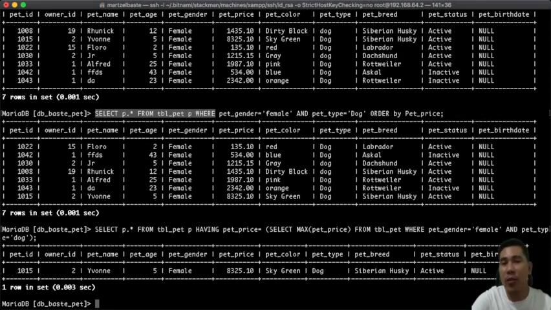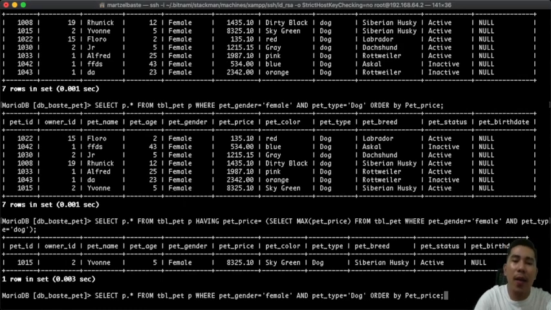That's the time you will use having. You cannot use where in that situation. Since we don't have any aggregate function, or anything invoking any SQL function, aggregate function, order by or group by, having still works because we use a nested query.